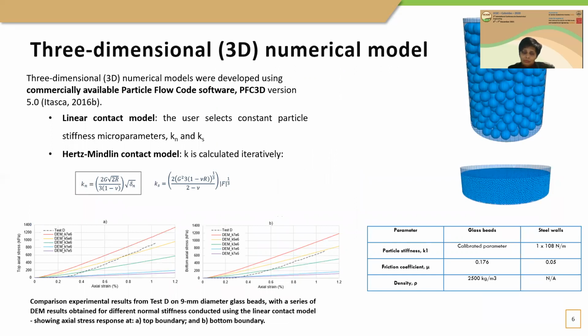For the numerical simulations, we used the commercially available particle flow code software, PFC3D, and we used both the linear contact model, which uses the stiffness microparameters as the direct input, as well as the Hertz-Mindlin contact model, which calculates the stiffness between particles based on the particle size, material properties, and the overlap between the particles to simulate our models.